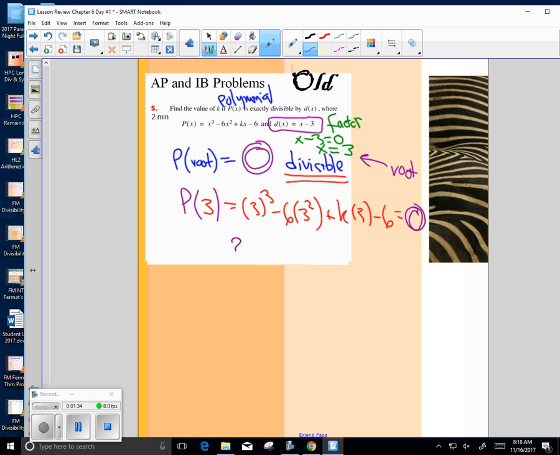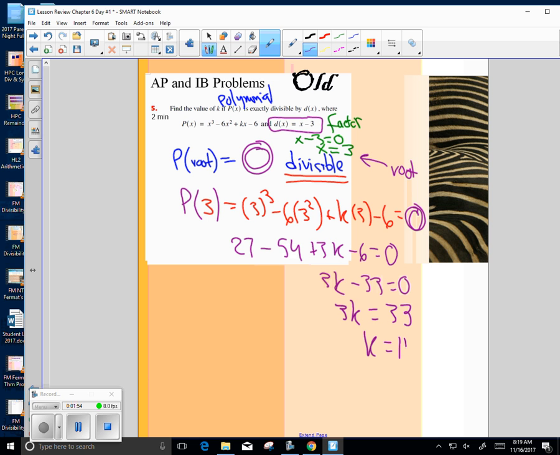Now you just get 27 minus 9 times 6 is 54, plus 3k minus 6 equals 0. 3k, negative 33, I think. So 3k is equal to 33, k is equal to 11. So if k was 11, then this would all work out to be 0.